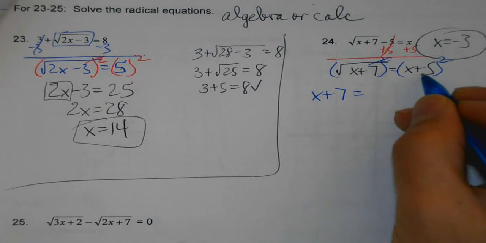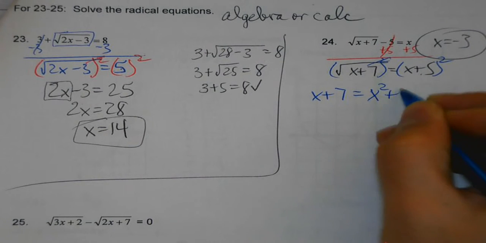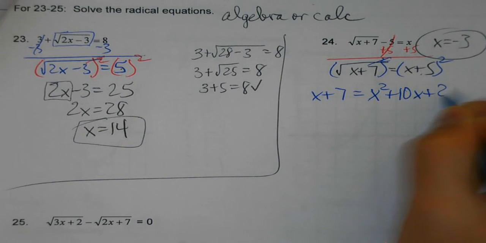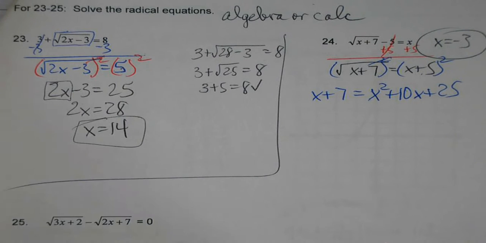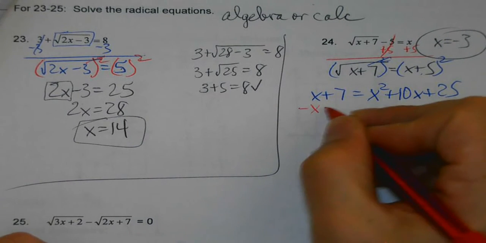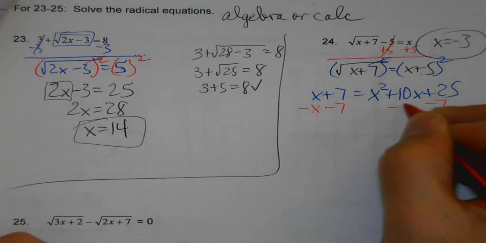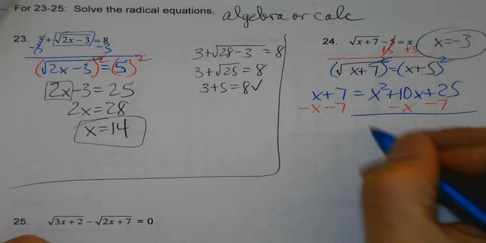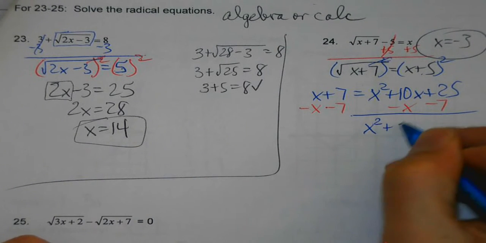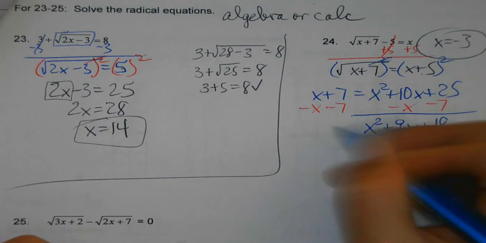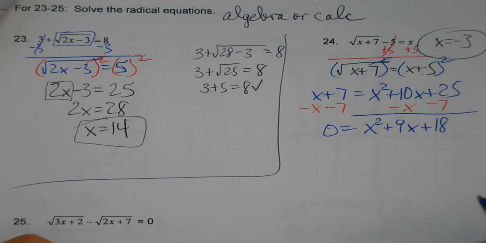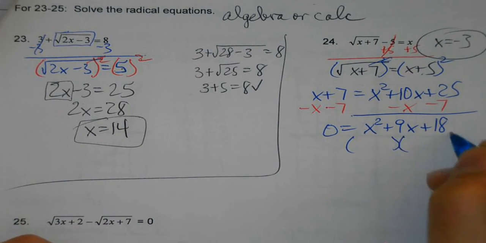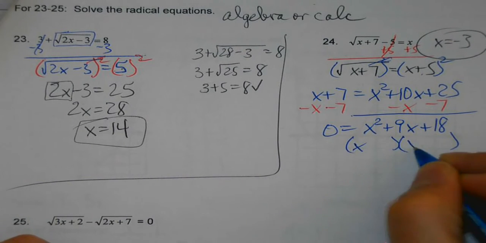If you just put x squared plus 25, you're not in good shape. So Mr. Harty's going to FOIL for you, because I'm a nice guy like that. And then I'd get all my terms over here. I'd do my factoring or my quadratic formula. That would be fine.